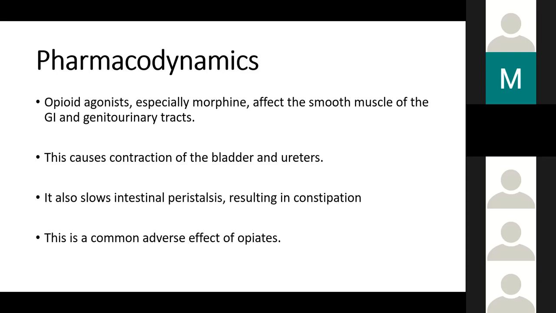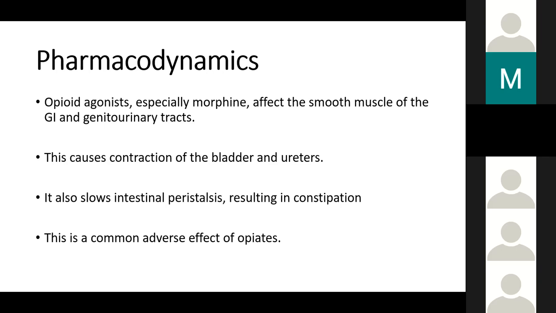However, in the gastrointestinal tract, they would rather cause relaxation and slow down peristalsis. And it is the slowing down of peristalsis that will result in constipation because you need peristalsis to move the food along the GI tract. So if you have a situation whereby there's slowed peristalsis, it means that the food is going to be stagnant in the GI. And this is what will lead to constipation.